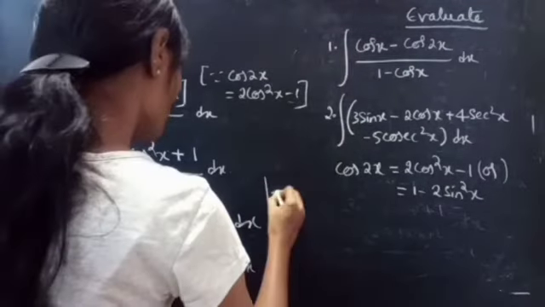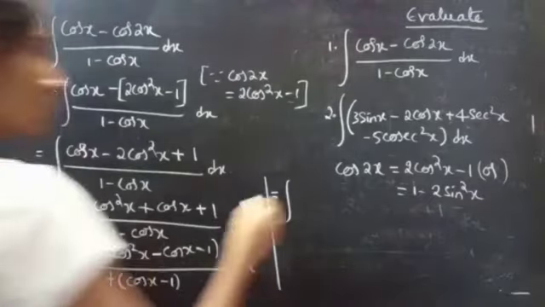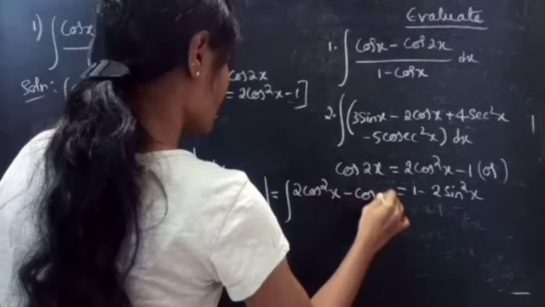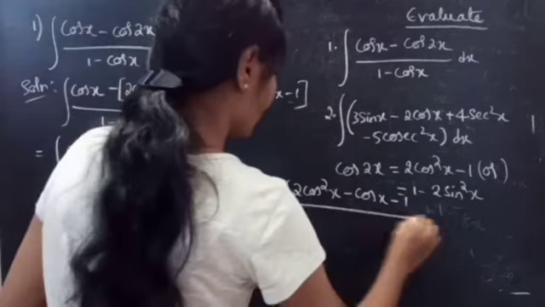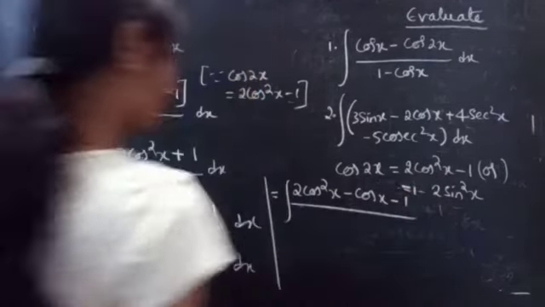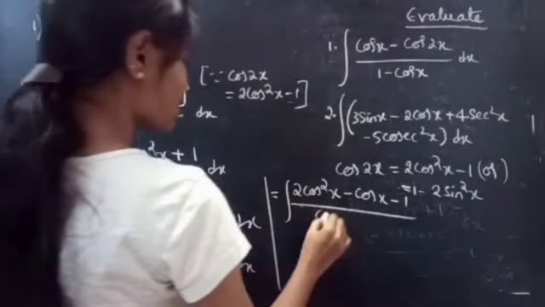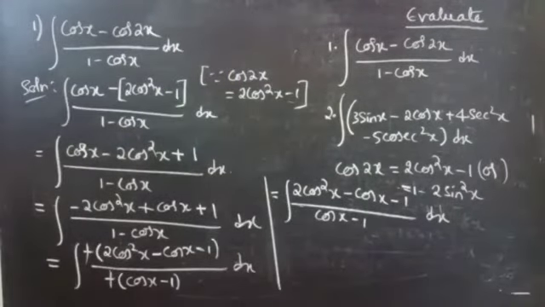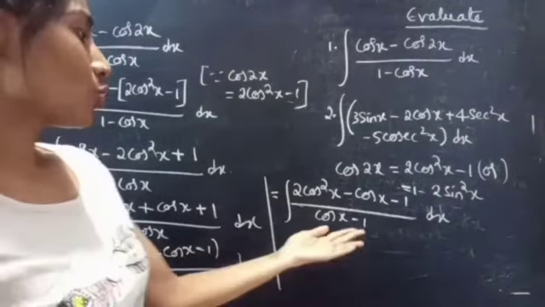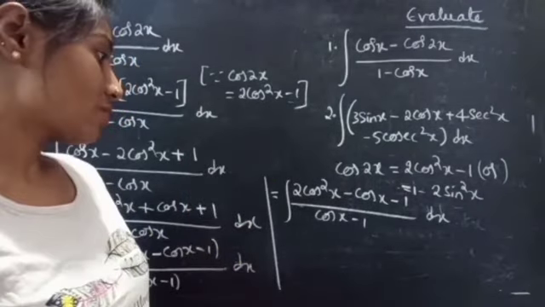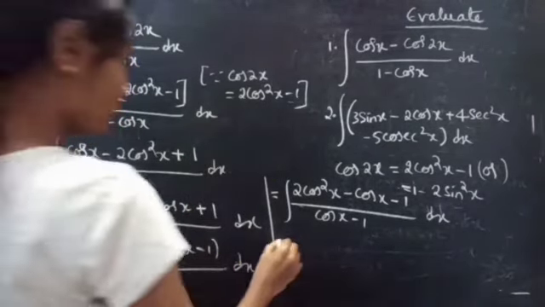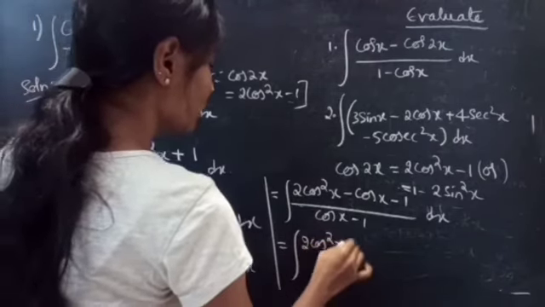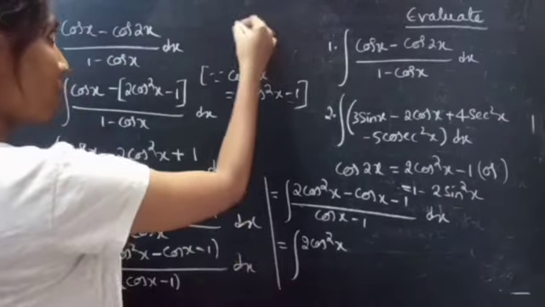So now this is equal to integral of (2 cos square x minus cos x minus 1) by (cos x minus 1) into dx. Okay, so here our main motto is to cancel the denominator cos x minus 1. So for that purpose, we are going to change the numerator. We are having minus cos x.